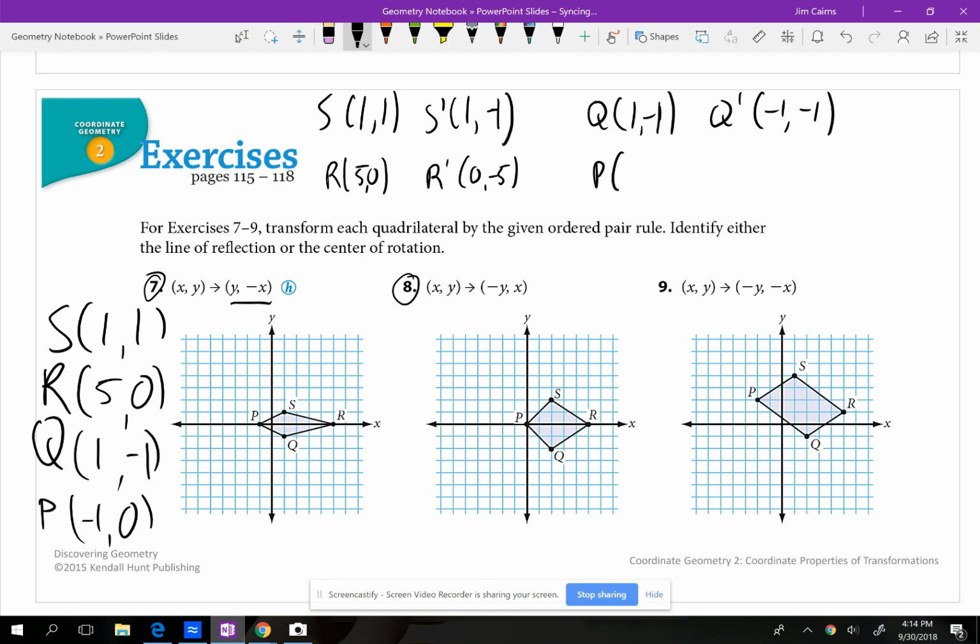Then with P, switch it, change the sign, and I'm done. So x is 1, y is minus 1. And then 0, negative 5, 1, 2, 3, 4, 5, R prime, negative 1, 0.